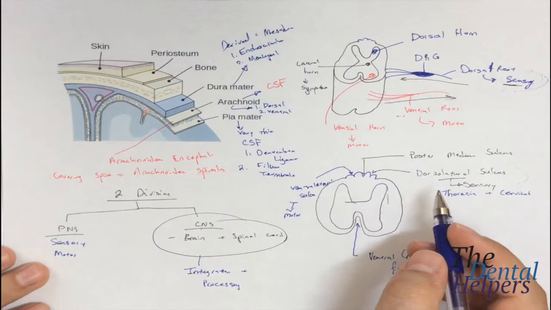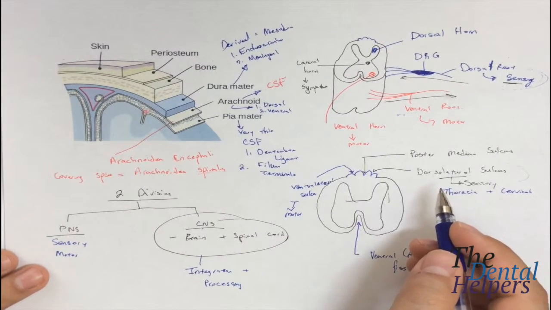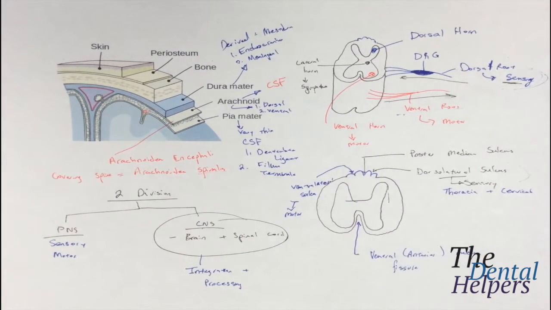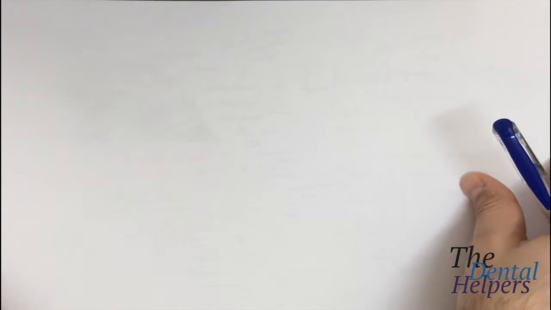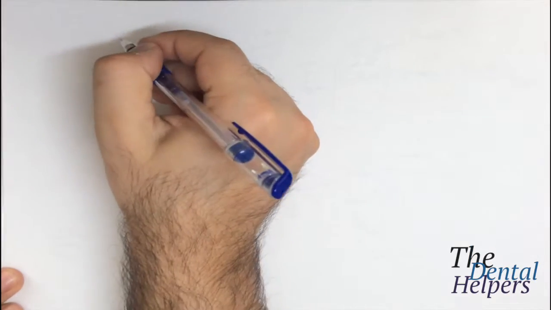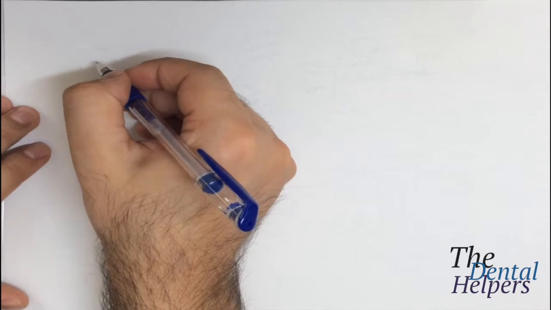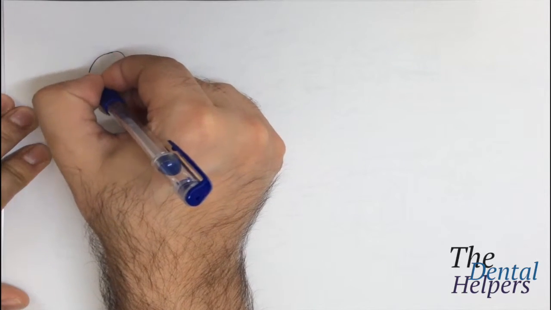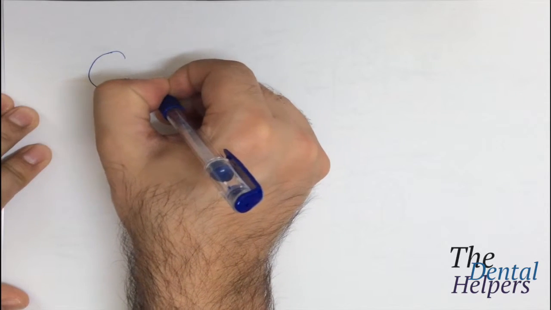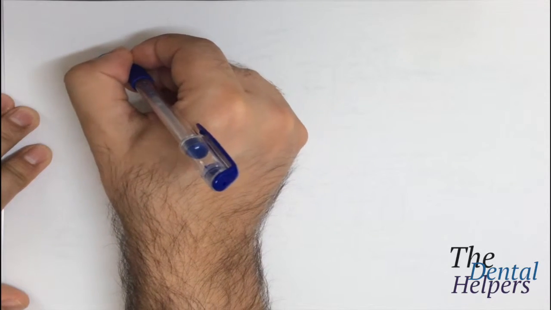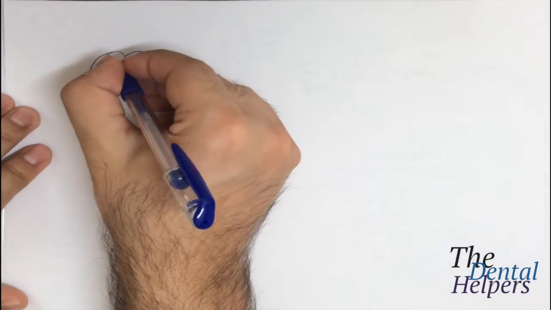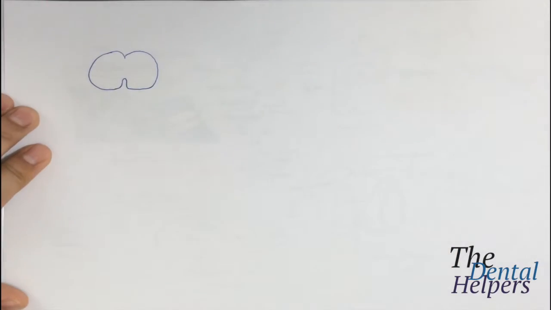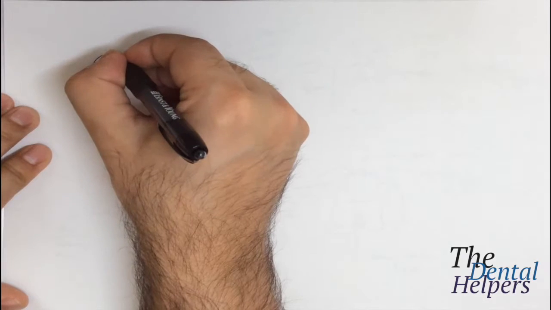So as we're along the cervical spinal cord, if we were to look at the spinal cord itself, it's going to look something like this.